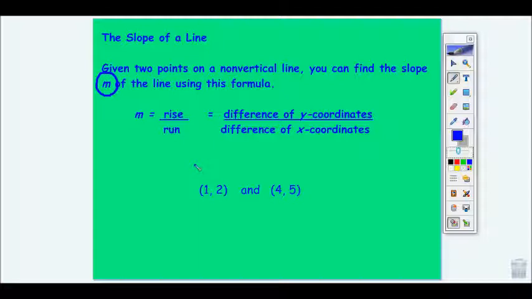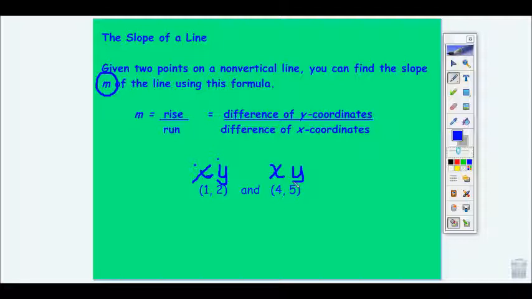So I'm going to label my points here, the x and the y, and the x and the y. If I want to find the difference, that means subtraction, and you're going to learn when you see it in the algebra book, they usually go from the second set to the first set. So I'm going to get you used to that.